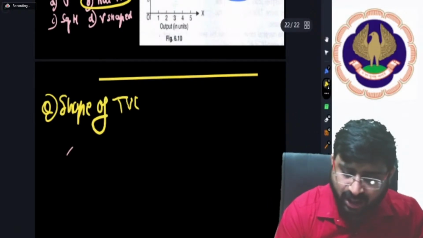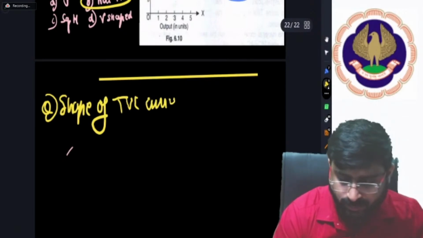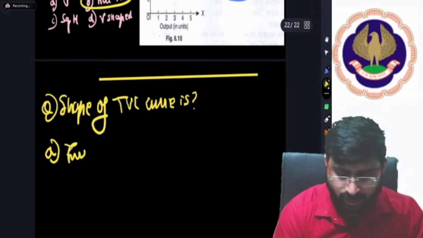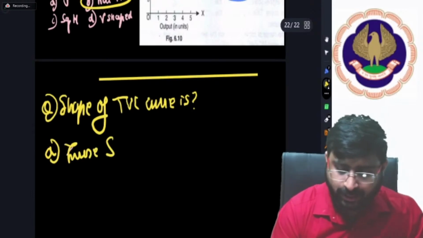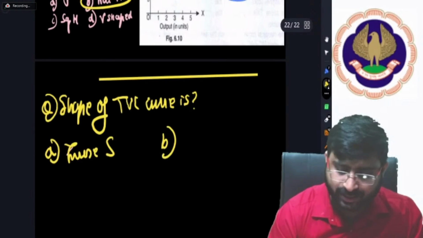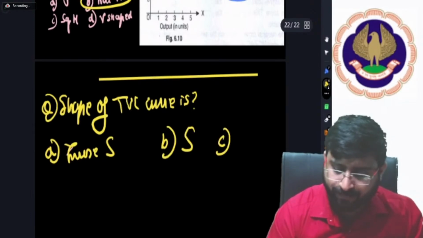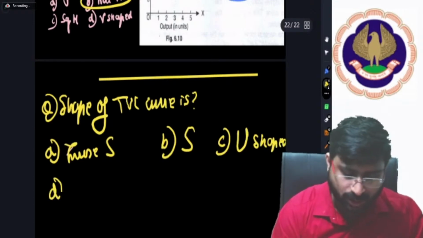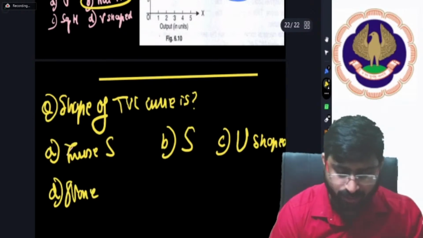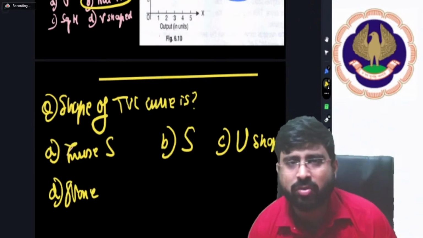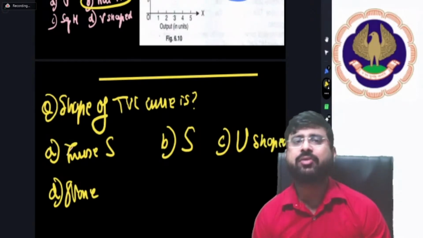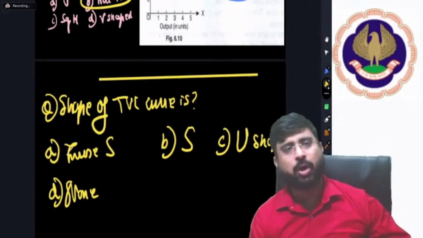The shape of TVC curve is: A, inverse S; B, S; C, U-shaped; D, none of the above. What is the shape of TVC curve?